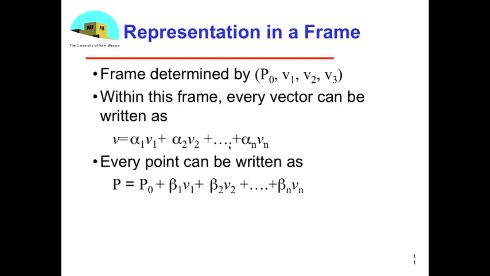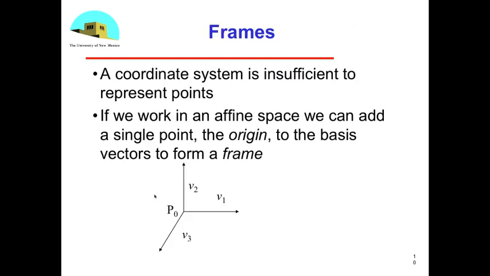Now what about a point? Well, what I can do is always go from the origin out to this point in space by a vector that goes from p0 to p1. So we use the notion of point-vector addition. Any arbitrary point is the origin plus a properly chosen vector, but that properly chosen vector is going to be a linear combination of our basis vectors v1, v2, and v3.